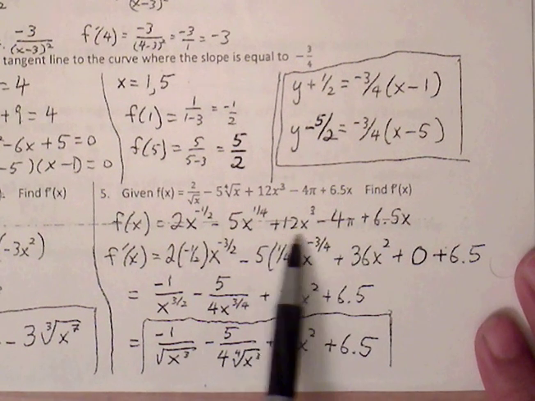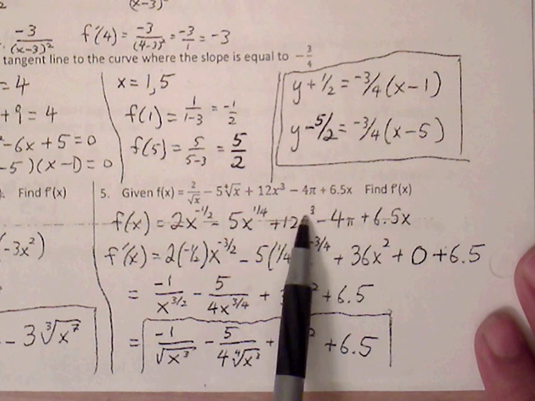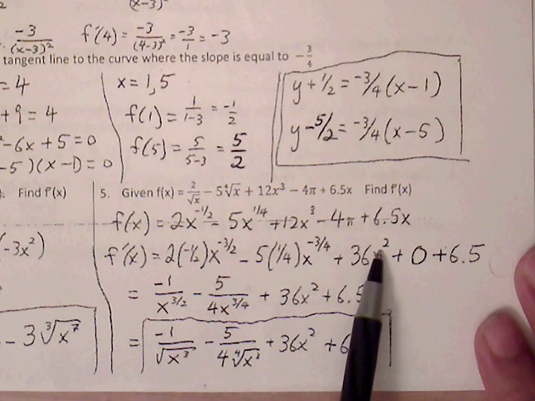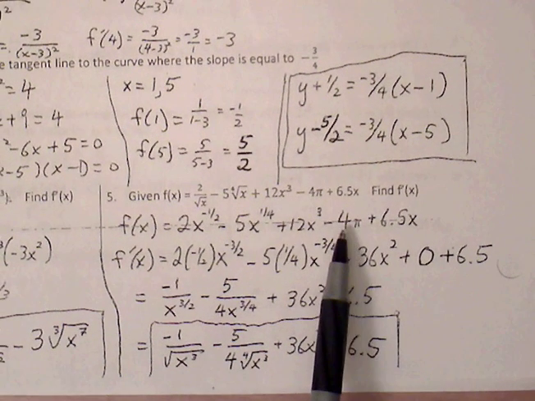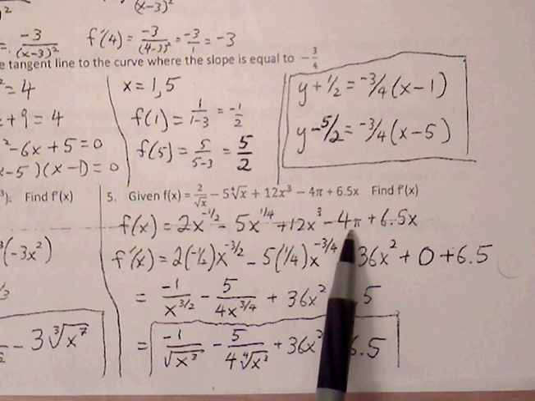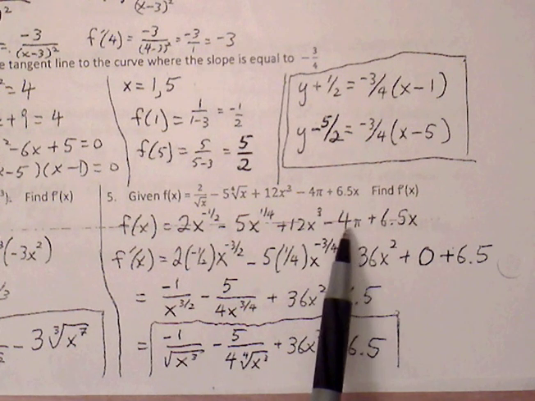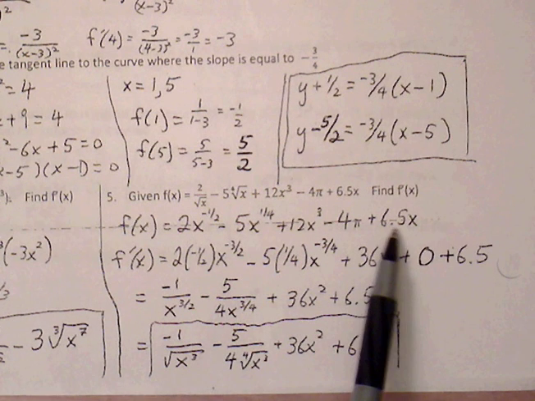12x cubed, bring down the 3, so 12 times 3 is 36. X cubed becomes x squared. 4 pi, gotta be careful here, pi is not a variable. So this is 4 times pi will remain a constant, and we know a constant's derivative will go to 0. Okay, 6.5x, this is a linear function.